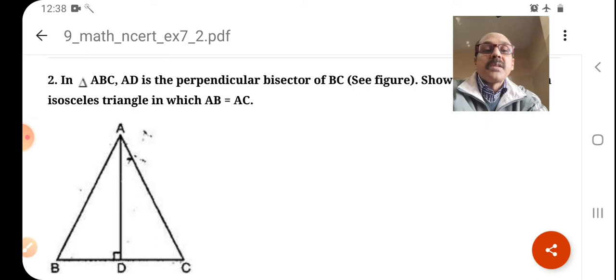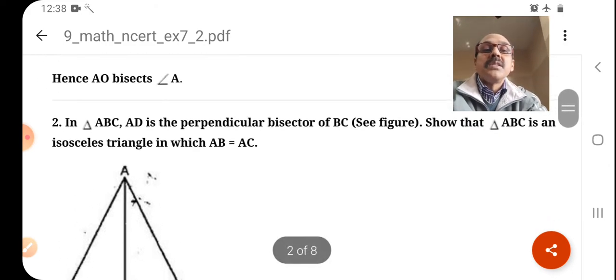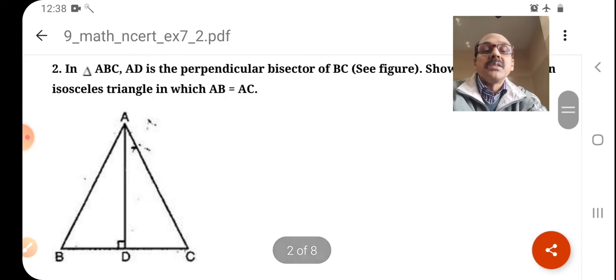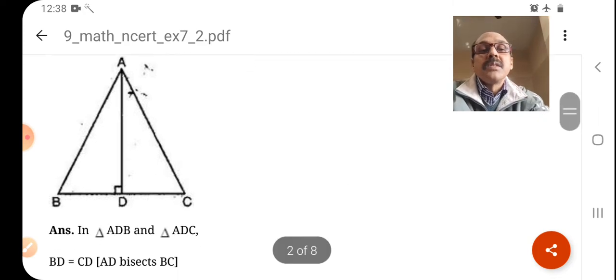So AD is perpendicular to BC and bisector also, that means BD equal to DC. So show that triangle ABC is an isosceles triangle in which AB equal to AC.